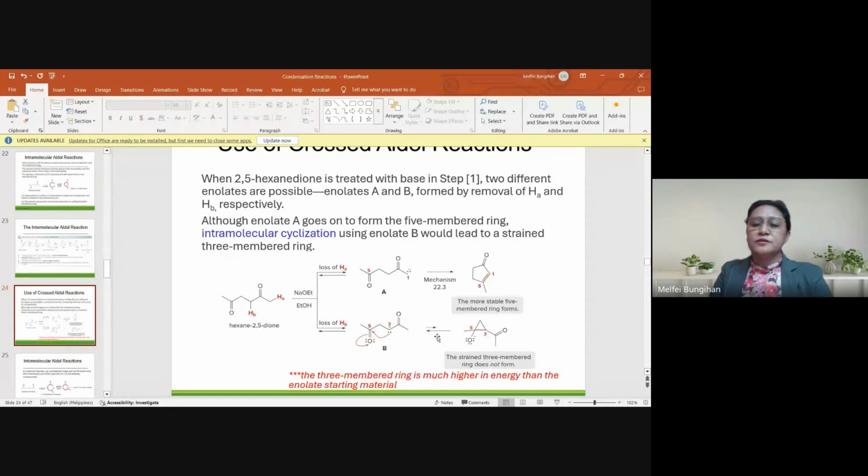That's why you see here it reverses back. The three-membered ring does not form, since it has much higher energy than the five-membered ring. That is why we can isolate this five-membered ring, but not the three-membered ring product.